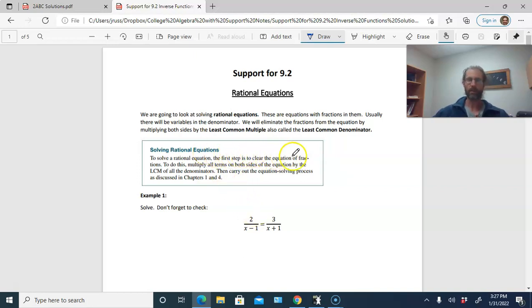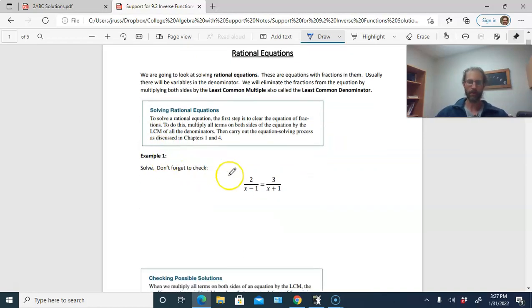So the first thing we're going to do is to clear the equation of fractions. We're going to multiply all the terms on both sides by the least common multiple, or the least common denominator. So in this example, our denominators are x minus 1 and x plus 1.